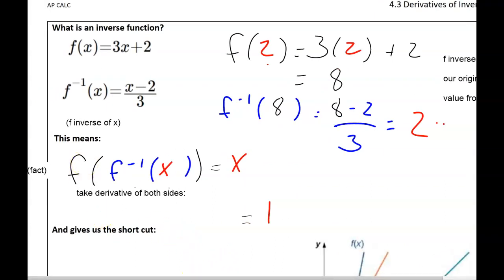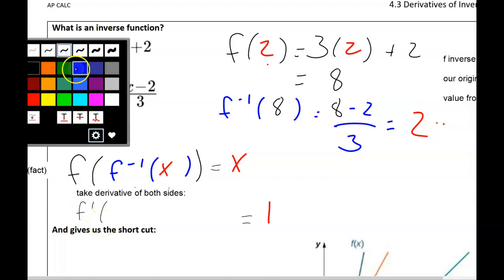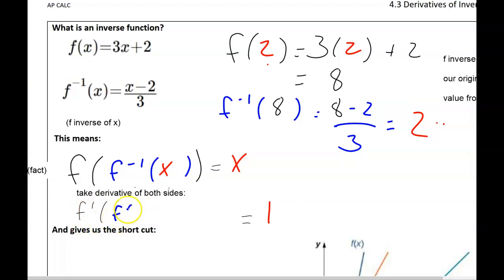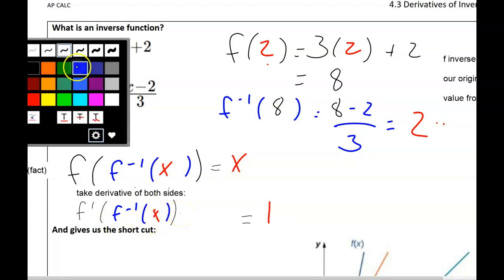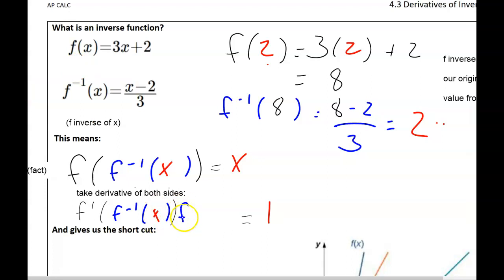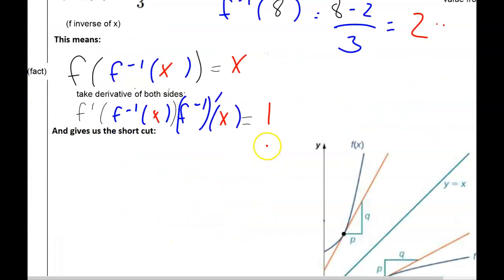So the derivative of my outside is f prime, inside stays the same now. So I'm going to write f inverse of x, but then times now f inverse prime of x. And that was chain rule that I just used.